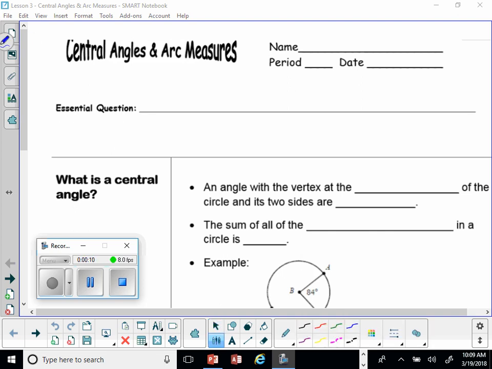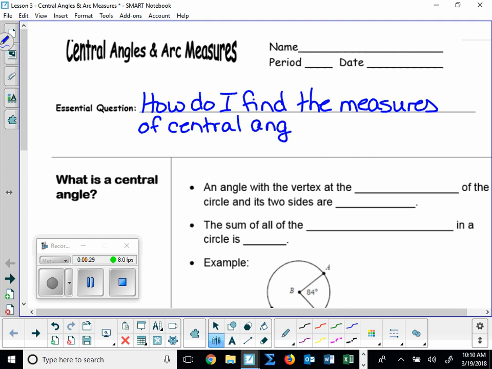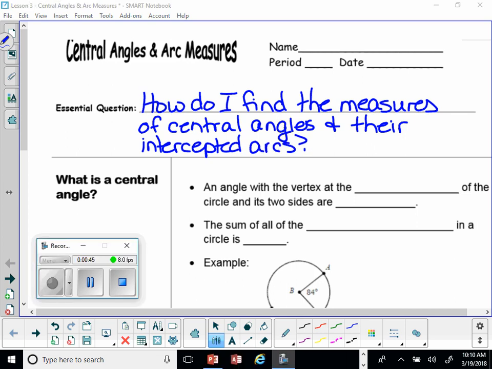So our essential question is, how do I find the measures of central angles and their intercepted arcs?